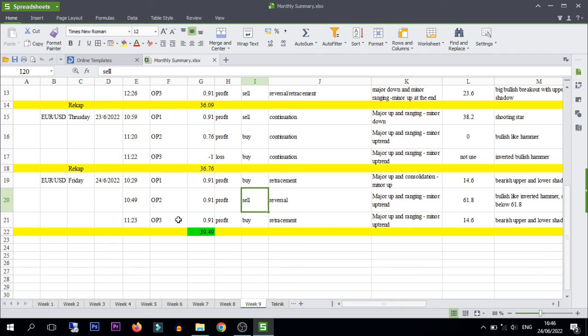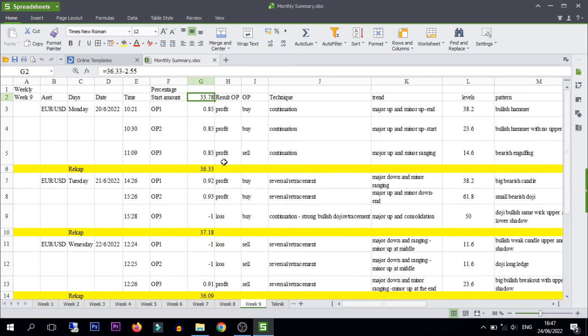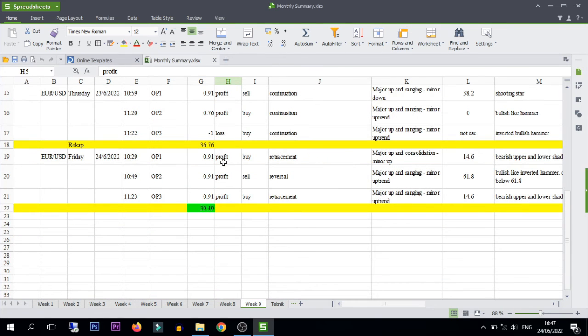Okay, so here this is the last, this is today, 24/6/2020, and I'm starting from 33.78, as you know, from the Monday, and now it's going to 39.49.